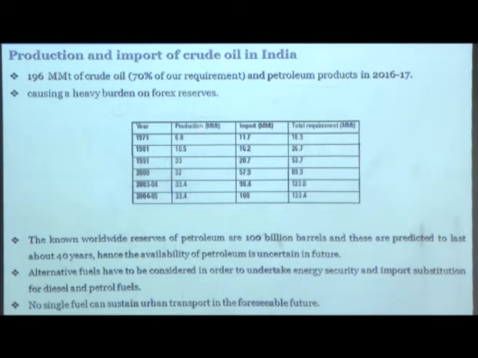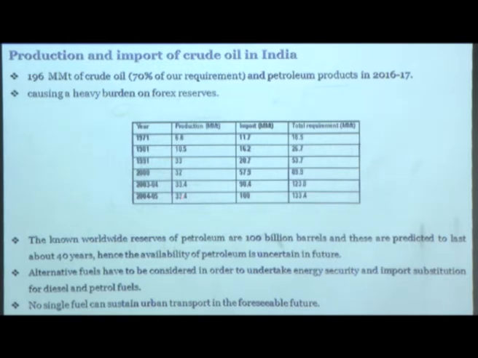If you look at production versus import, this is the old data, but you can still see some trend. Total requirement was 18.5 in 1971, out of which 6.8 million metric tons was produced in India, which is roughly 30 to 35%.